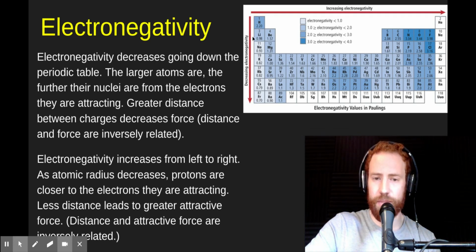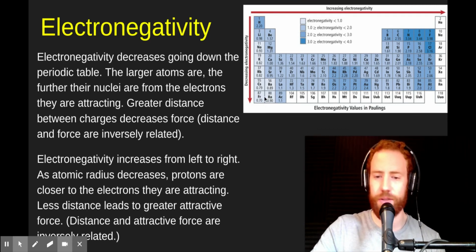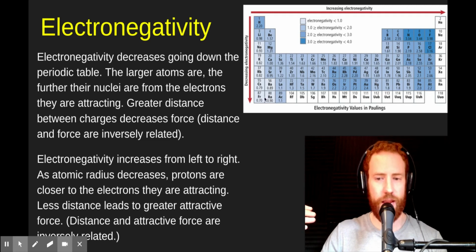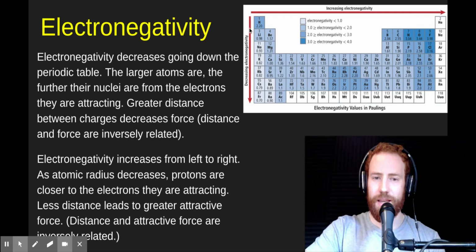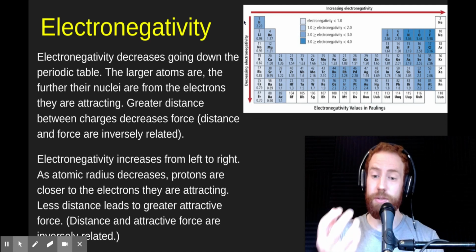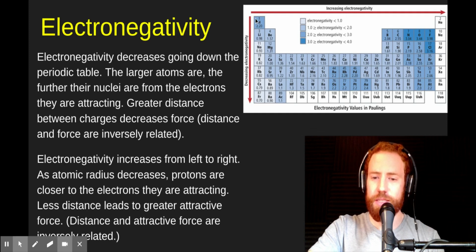As the size of the atom gets bigger, there's going to be more space between the positively charged nucleus and whatever electrons that nucleus is trying to attract. So it's going to have less pull on those electrons. As the atom gets smaller and the protons in the nucleus increase and there becomes more positive charge in the nucleus, that nucleus is going to pull electrons more strongly towards it. So electronegativity is going to increase from left to right.